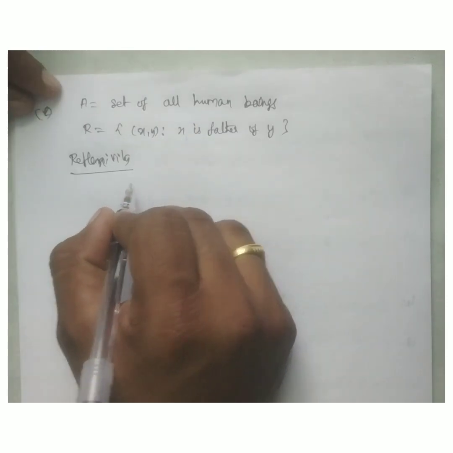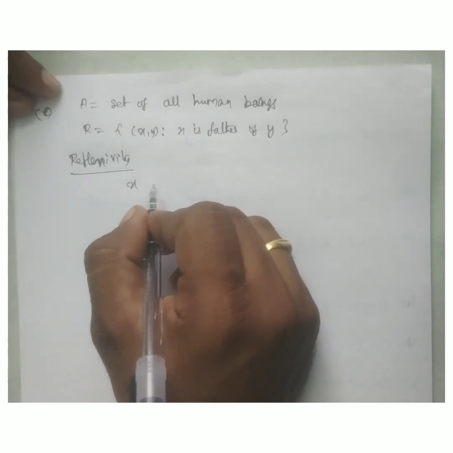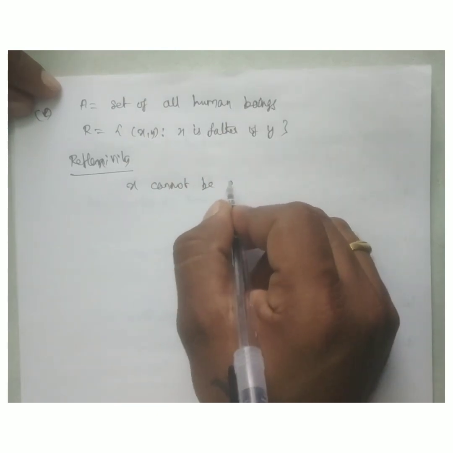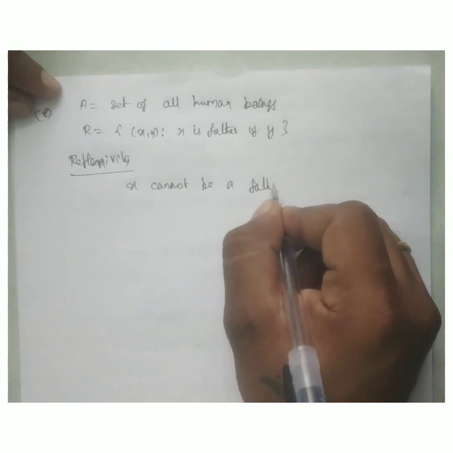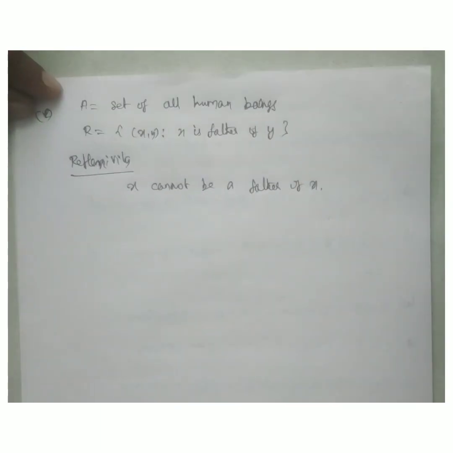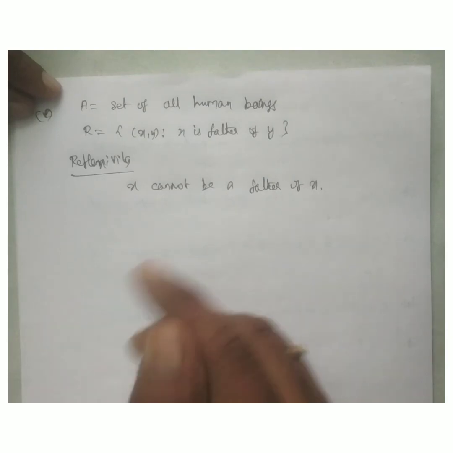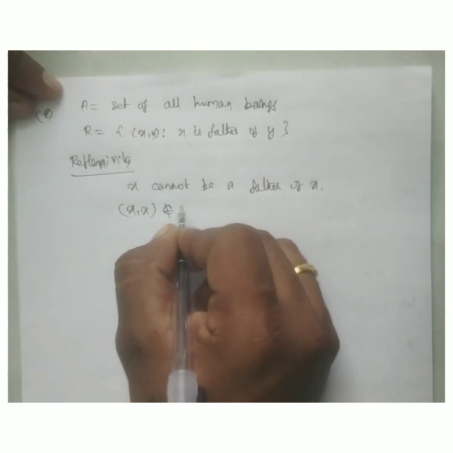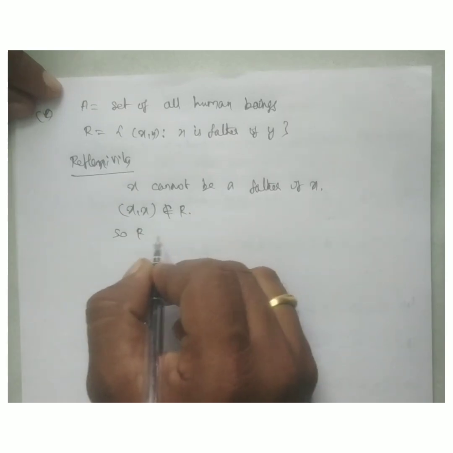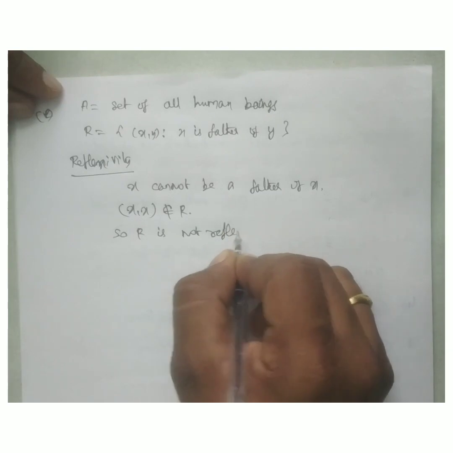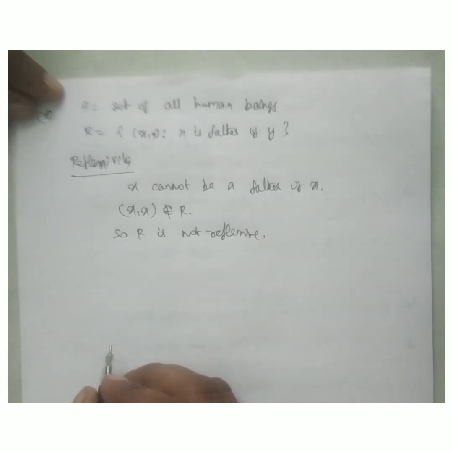First, it is not possible because X cannot be a father of X. For example, I cannot be father of myself. So (X, X) does not belong to R. Clearly R is not reflexive.